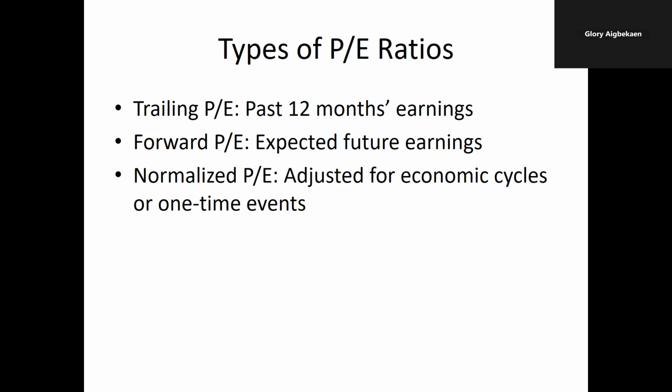And then in the case of normalized, the future earnings that you have calculated, you adjust it for cyclical economic events or one-time events, or maybe inflation. And that is how you get the E that you use for the normalized PE ratio.